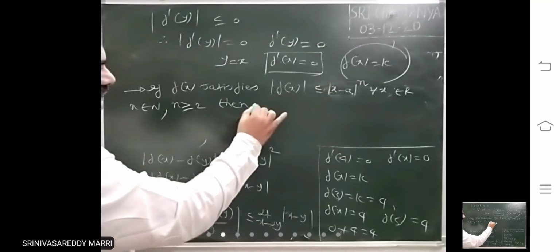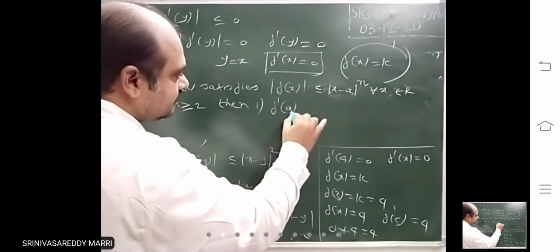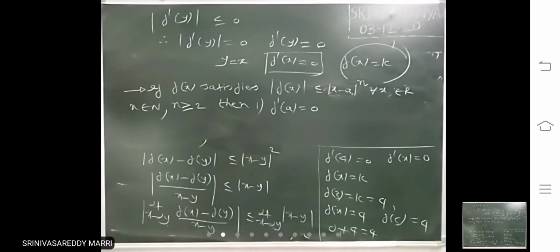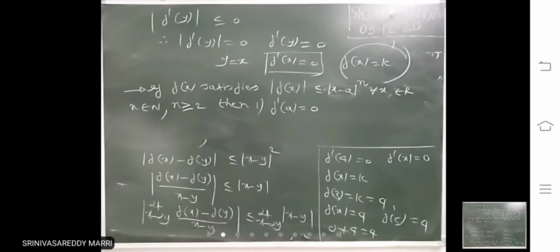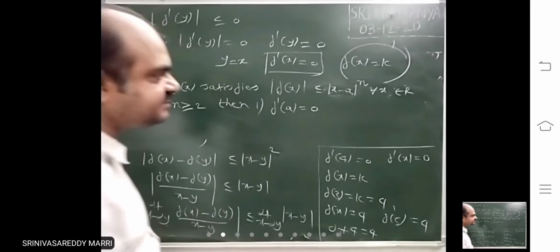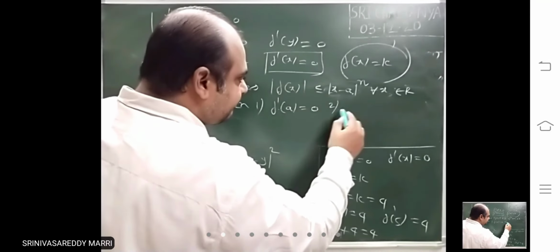Then the theorem is: number 1, f dash a equal to 0. At this point a the derivative will be 0, since the x minus a factor is there.